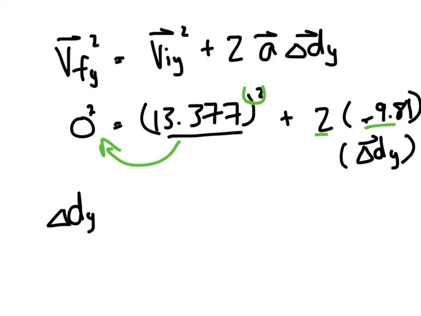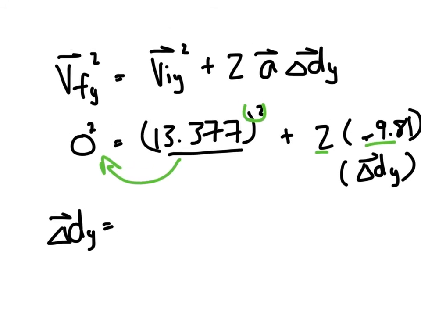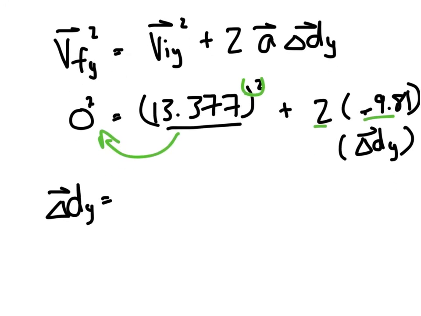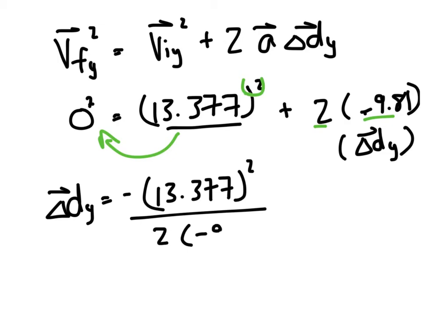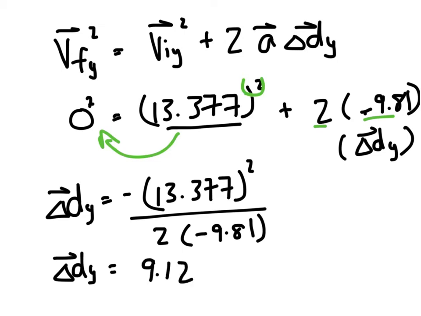Delta dy equals negative 13.377 squared, that's going to be negative because we bring it to the other side, divided by 2 times negative 9.81. And finally, our answer then is delta dy equals approximately 9.12 meters.